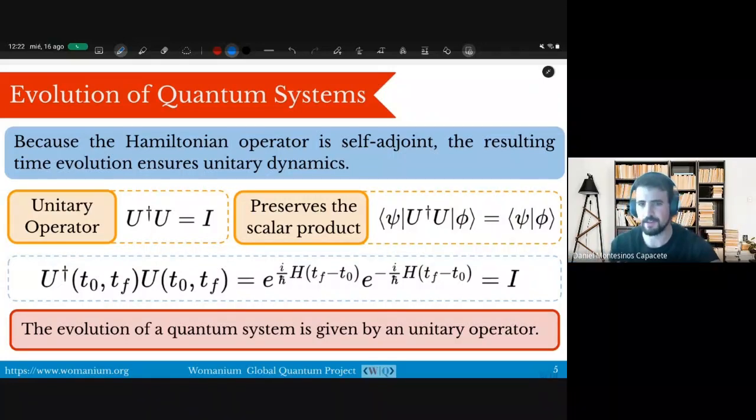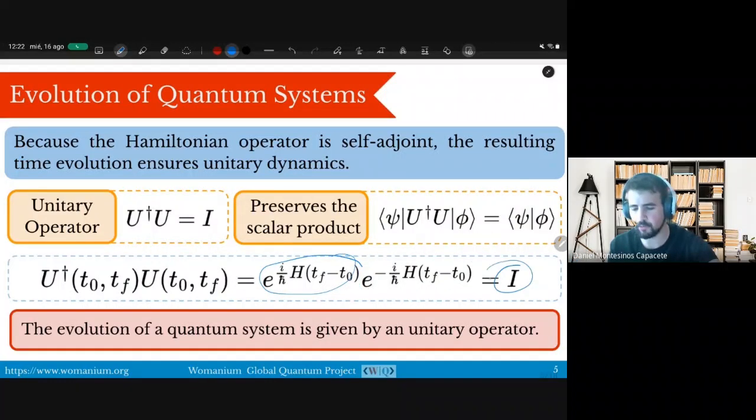Since the Hamiltonian is self-adjoint, it means that the time evolution operator, that is this guy here, has a property. If you calculate the adjoint of the time evolution operator and multiply it by the time evolution operator, you get these exponentials.